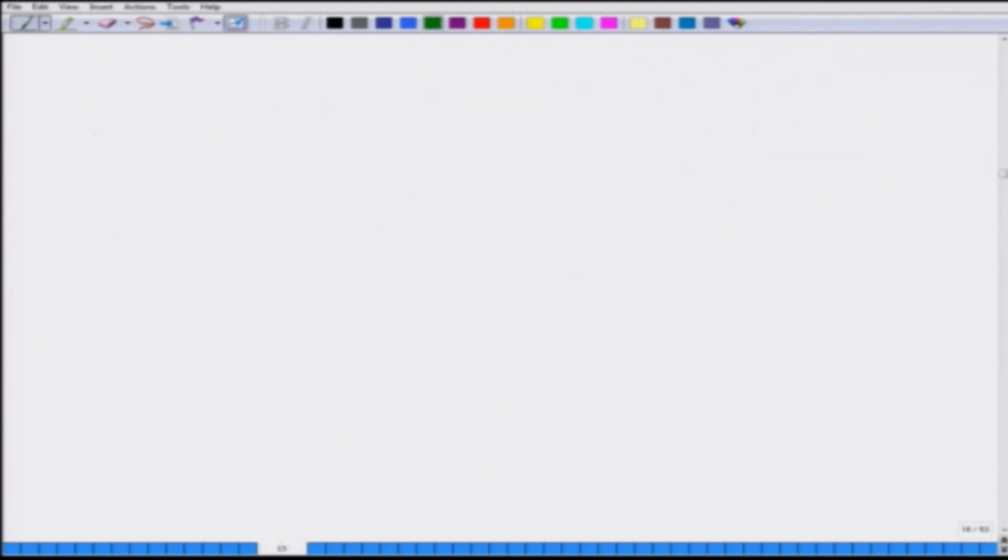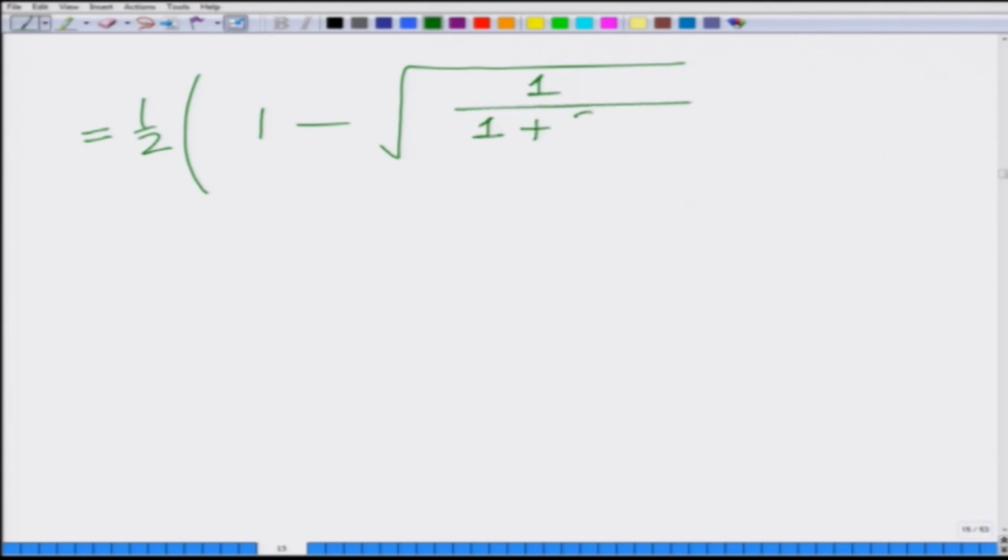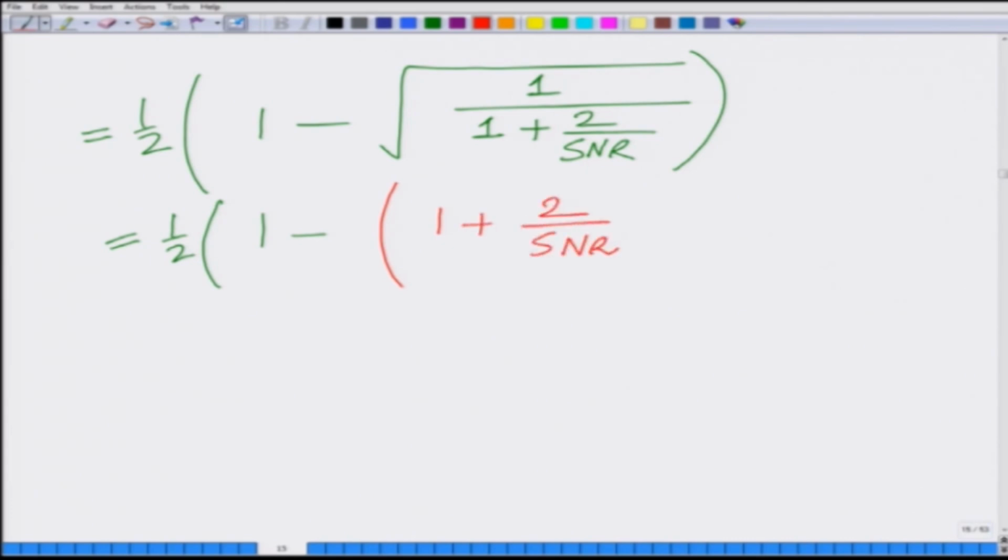I can rewrite this as half times 1 minus the square root of 1 over 1 plus 2 by SNR, that is dividing both the numerator and denominator inside the square root by SNR. Another equivalent way of writing this is half times 1 minus (1 plus 2 over SNR) to the power of minus half.